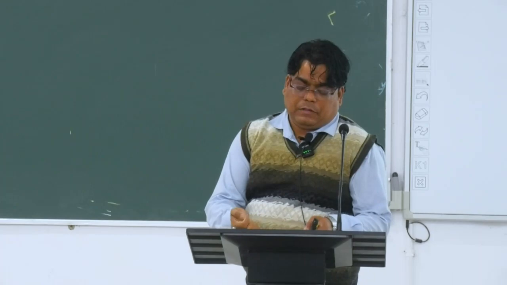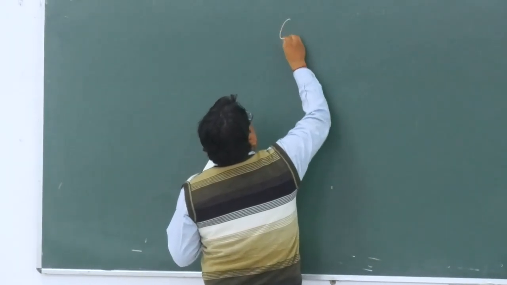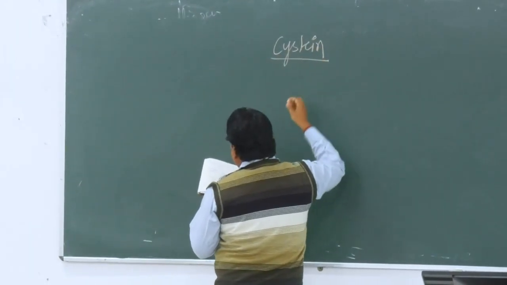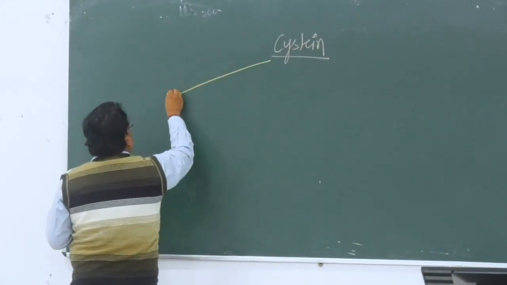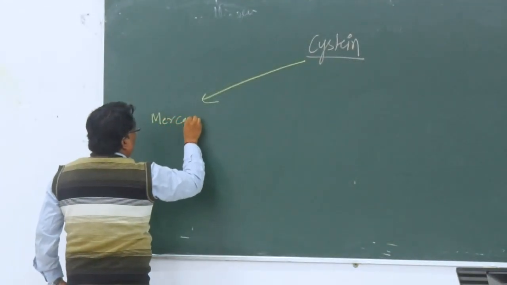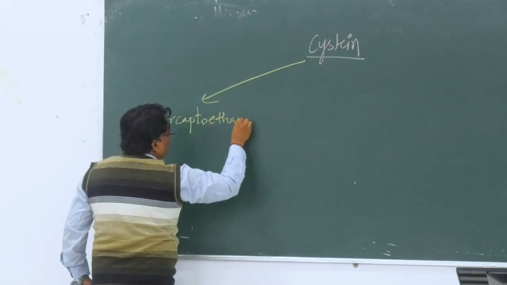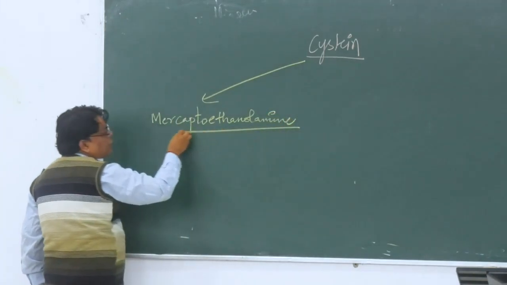Now degradation. This is cystine. Firstly, it forms mercaptoethanolamine.